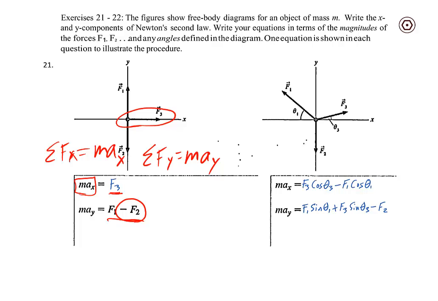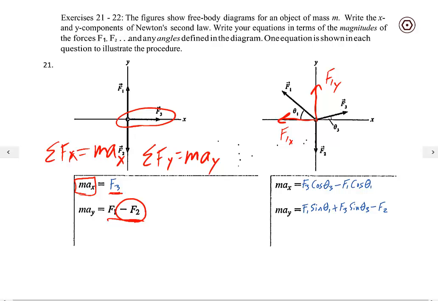So looking at our second example, where I'm including these angles, if this is F1, we know that this would be F1x and this would be F1y. It says that we need to put it in terms of the angle.